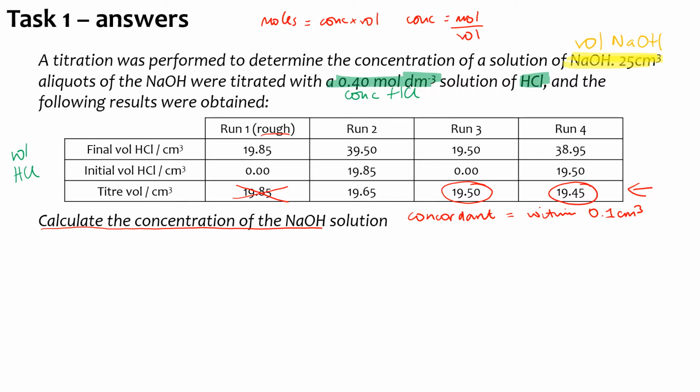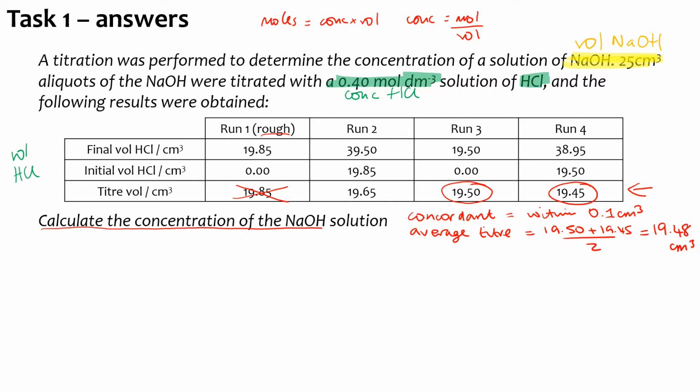So those two are the concordant results. So I'm going to work out the average titre, and the average titre is literally just the mean average of the 2 concordant results. So 19.50 plus 19.45 divided by 2, and so our average titre is 19.48 centimetres cubed. Now, because all the data in the table is to 2 dp, my average is also to 2 dp. So that's the first thing that we're looking at.